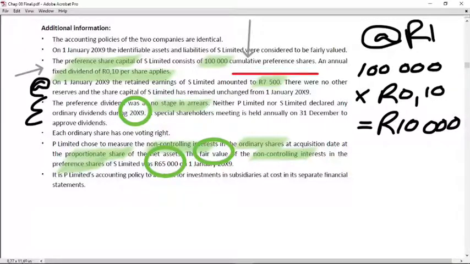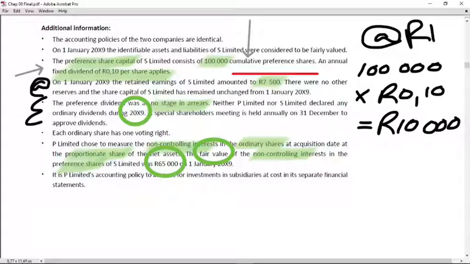Remember, if you refer back to the effect of the preference shares on the consolidation process, your NCI in your preference shares can only be measured at their fair value. They do not have any right to a proportionate share of the net assets of the subsidiary on liquidation.